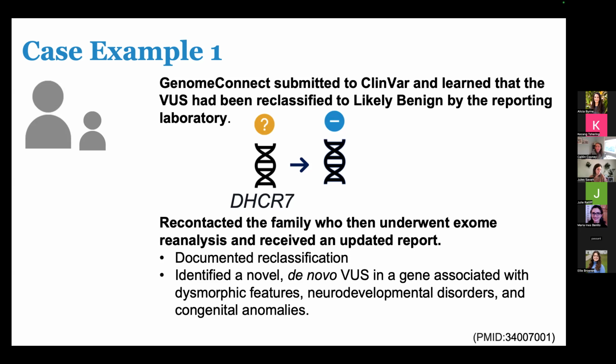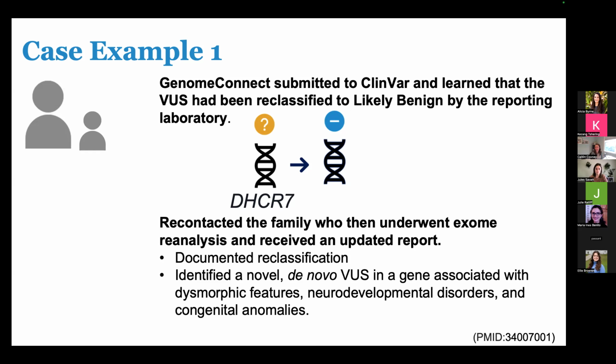This prompted them to connect with their doctor, and their doctor ended up ordering an exome reanalysis. And through that, they were able to identify a de novo VUS in a candidate gene that was associated with dysmorphic features, neurodevelopmental disorders, and cognitive anomalies, more aligned with the clinical presentation for that individual.